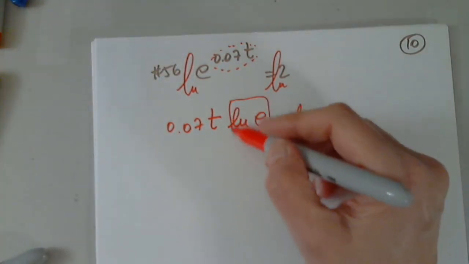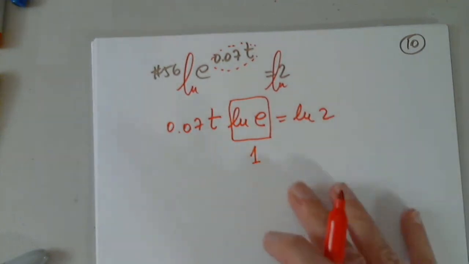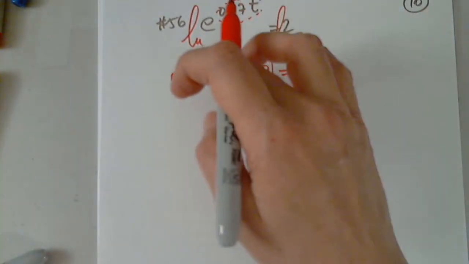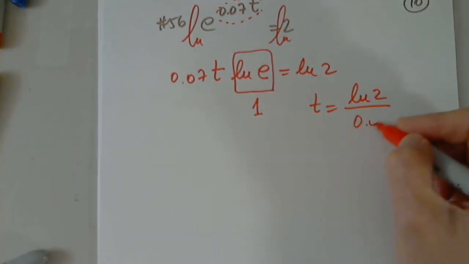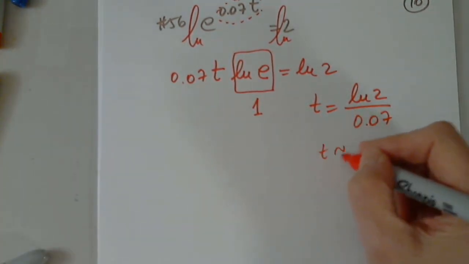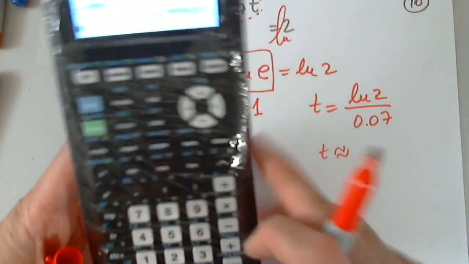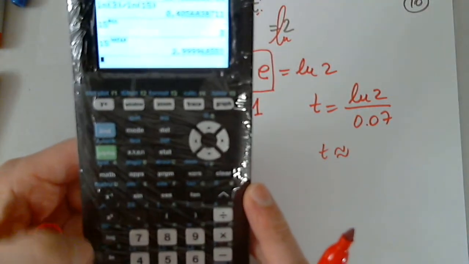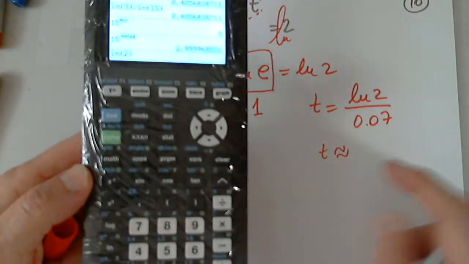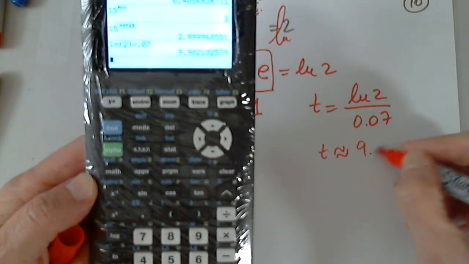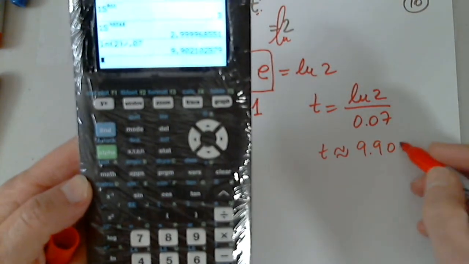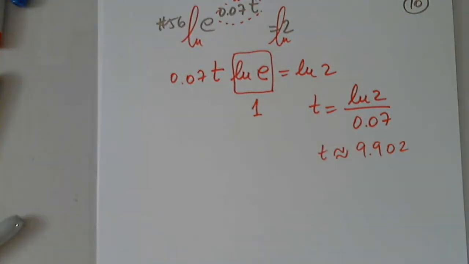I'm happy because I know that this is 1. So then t equals this over 0.07. Yes, I will approximate it. Natural log 2 is 1 point something, I think, divided by 0.07. So 9.902. I'm not sure how many decimal digits they want.